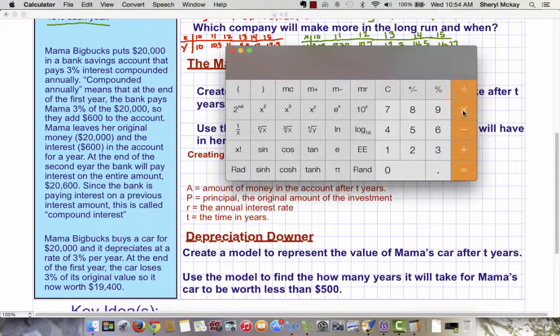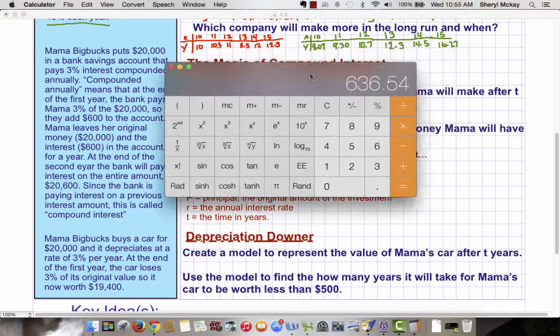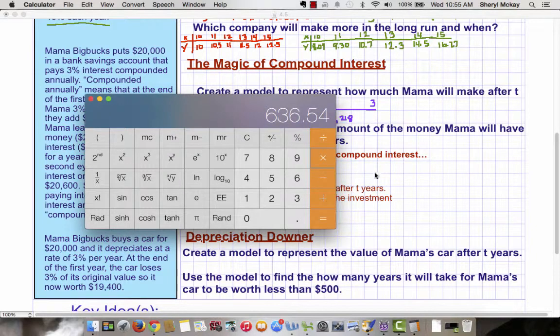21,218 times 3% is $636, okay? And we're going to add that to 21,218.